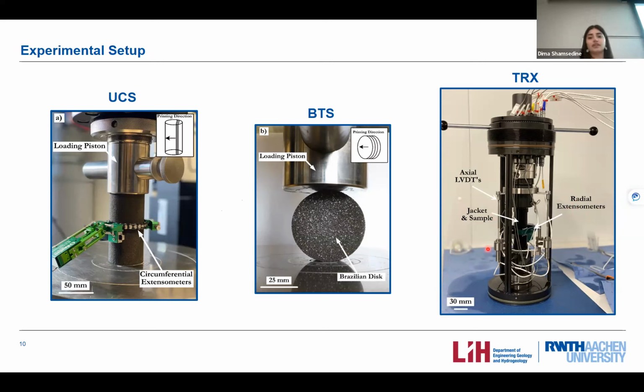And the tests are done based on controlled displacement. So we control the induced displacement in the sample, and we record the stress required to induce this displacement.